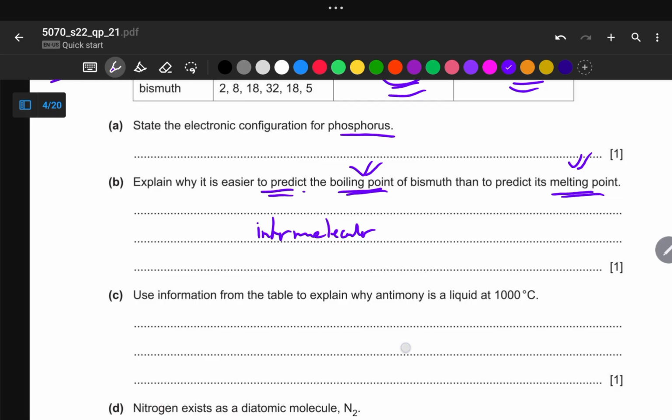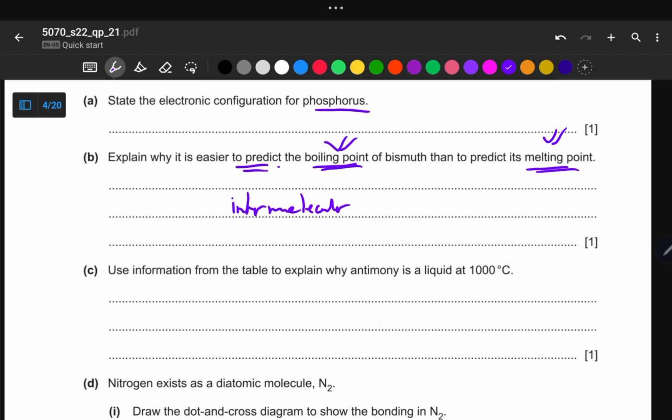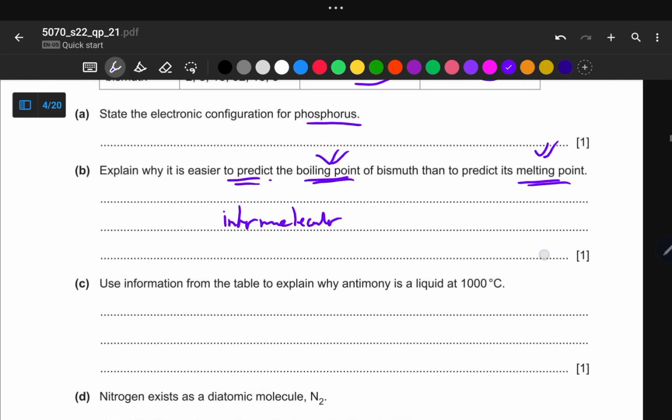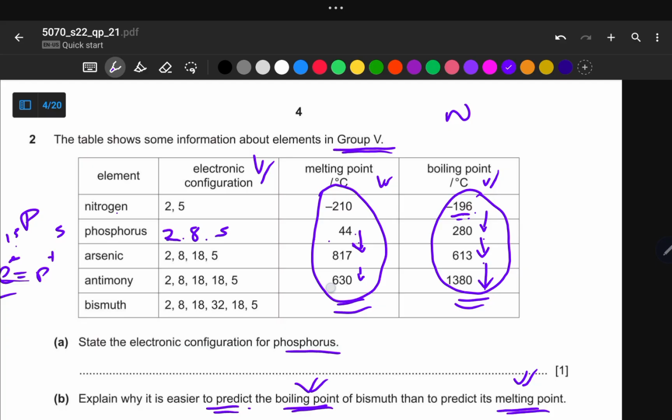Part C says, use the information from the table to explain why antimony is a liquid at 1000 degrees Celsius. The melting point of antimony is about 630 degrees Celsius, and the boiling point is 1380 degrees Celsius.